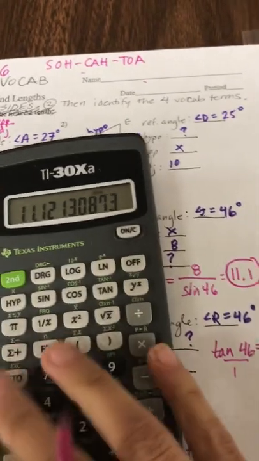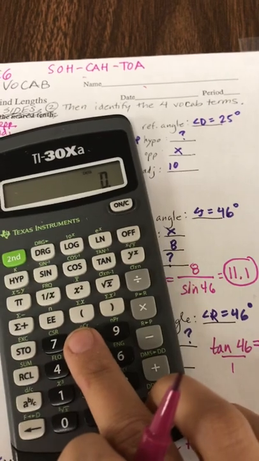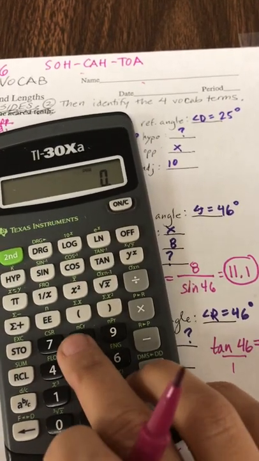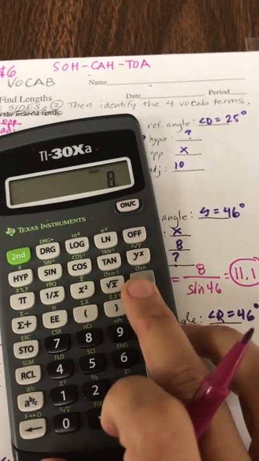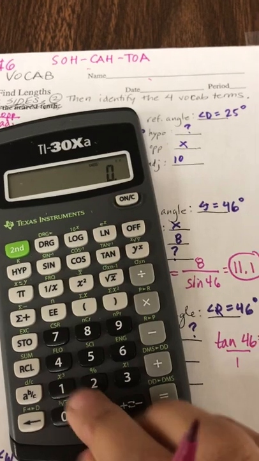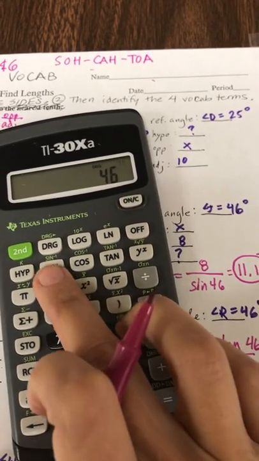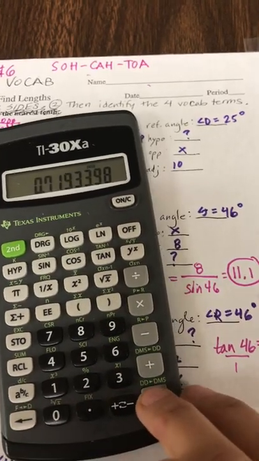Okay. Another way to do it was a lot harder, but probably makes more sense. You could do 8 divided by, let's say, parentheses, 46 sine in parentheses equals.